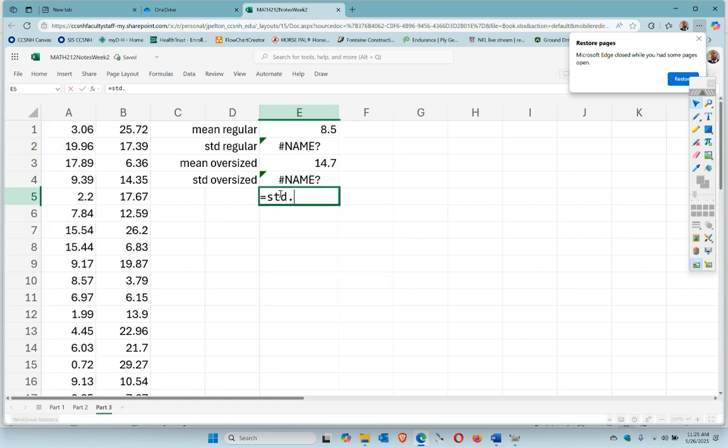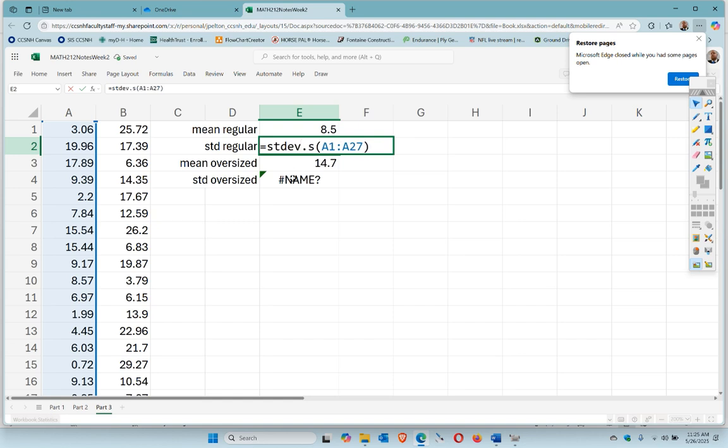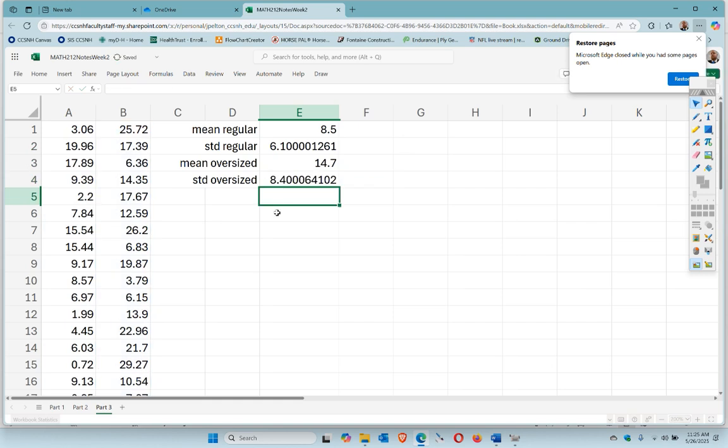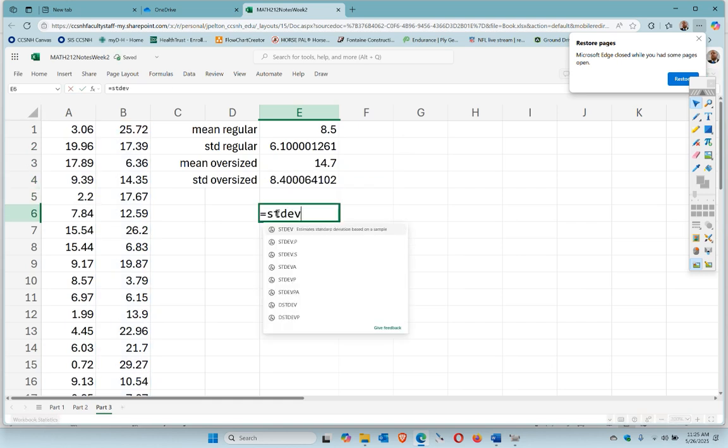Oh, I didn't put the dot S. That's why. If you notice, as you start typing, it'll actually tell you what to type, or you can just click on it and it does it automatically for you. All right, so there's my values there, which I can translate over and figure out my standard error now.